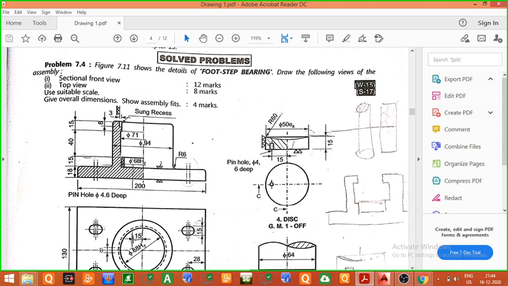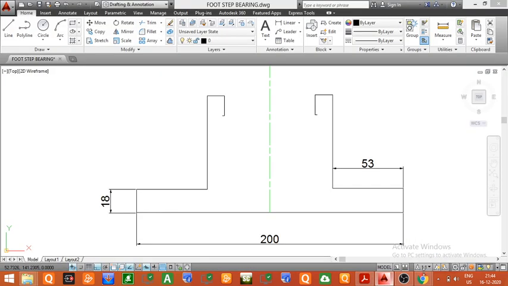This is the vertical line that has to be drawn, and this vertical line is of length 40 mm. So now we will draw a vertical line of length 40 mm. From this point we will select a distance of 40 mm in downward direction. Similarly, again from this point we will draw a line of length 40 mm in downward direction.